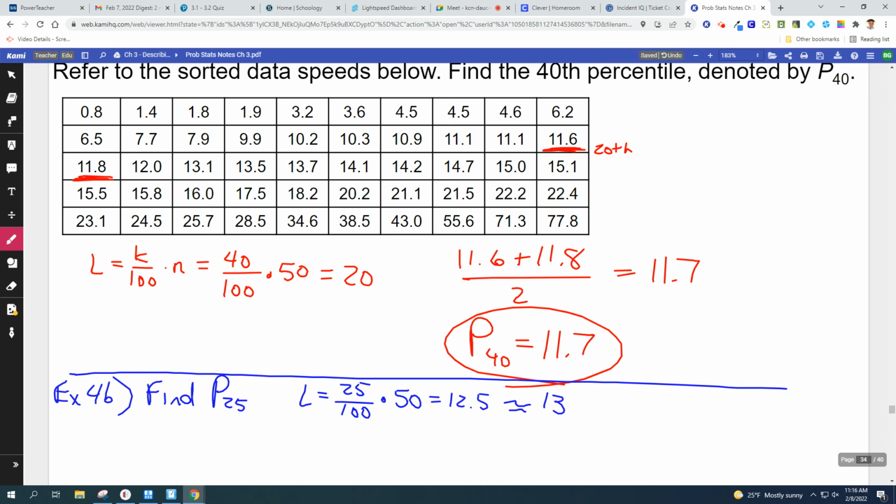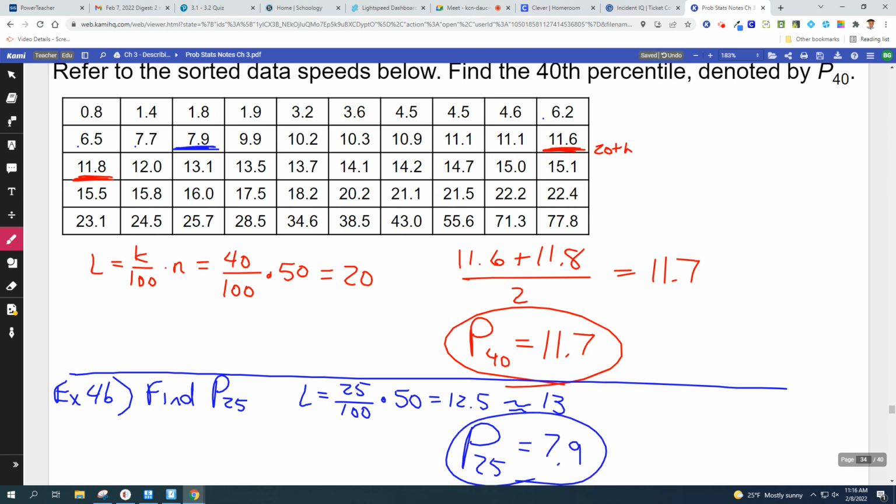And just find the 13th number. So that's 10, 11, 12, 13. That's the 13th number right there. P25 equals 7.9.